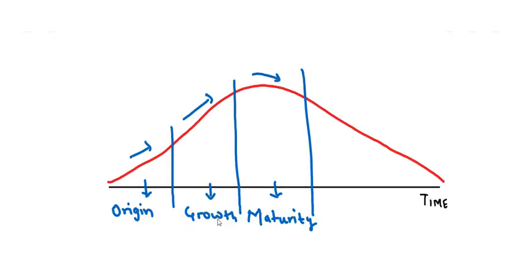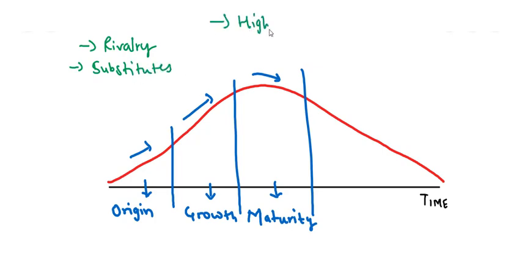As the product matures, the company starts to see more and more rivalry for its products. The competitor firms start getting substitutes for the original product. Here the company tries to keep its product alive and spends heavily on advertisements.